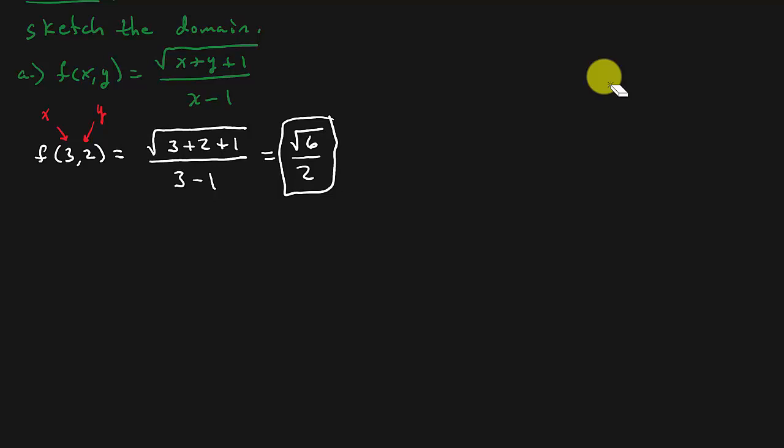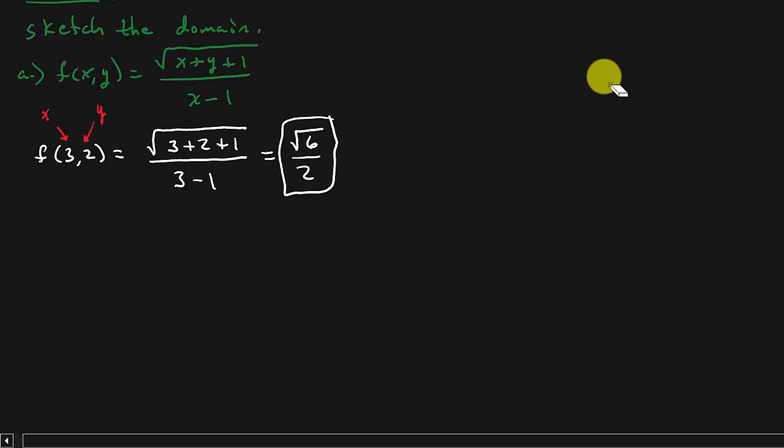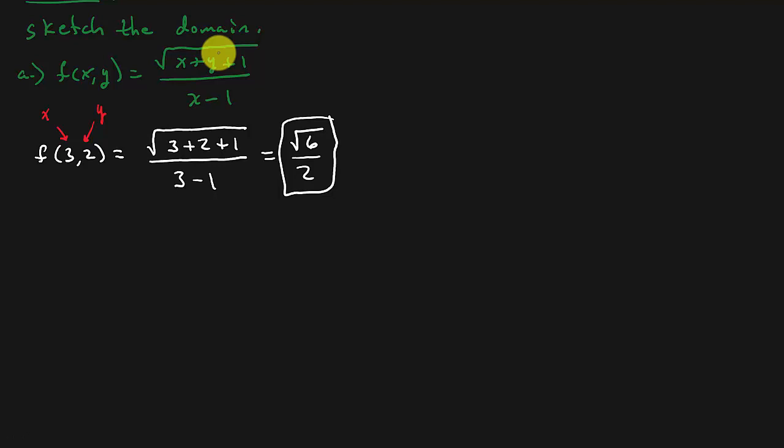I mean, you can, but it would be an imaginary number, and we're dealing with real numbers. So what's underneath the square root can't be negative. Can it be 0? Yes, because the square root of 0 is 0.